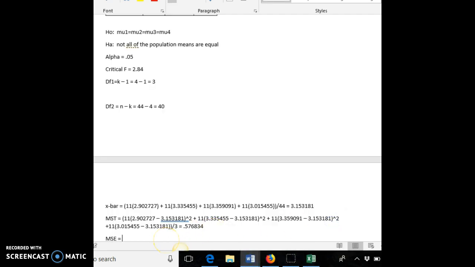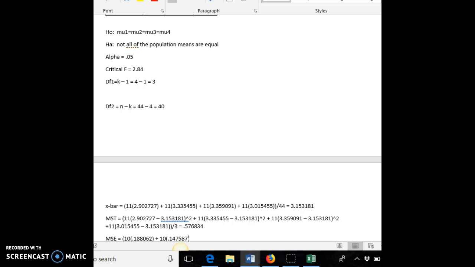So, in other words, if we go back and look at what we got on our Excel sheet, we're going to have 11 minus 1, so there's really 10 pieces of data, times the variance, which for our very first one was 0.188062. And then we want to take 11 minus 1 again, so 10, and the second variance, which was this.